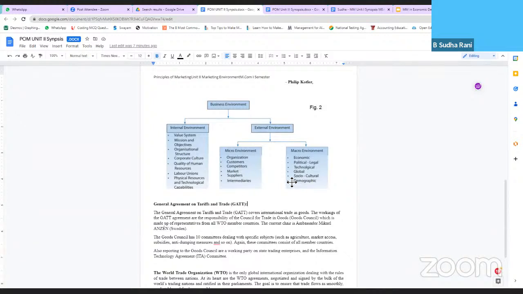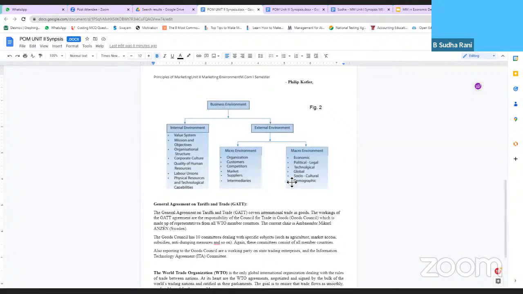So though customers are external, satisfying a customer, meeting a customer's expectations, is in your hands. That's the reason why it is a micro environmental factor. The competitor, again, you can see here, market, suppliers, intermediaries, everyone is an outsider, but how to handle them is in your hands.